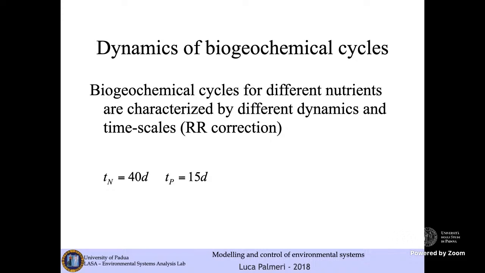That is an ideal stoichiometric evaluation of the distribution of nutrients, but also of the timing of biogeochemical cycles.